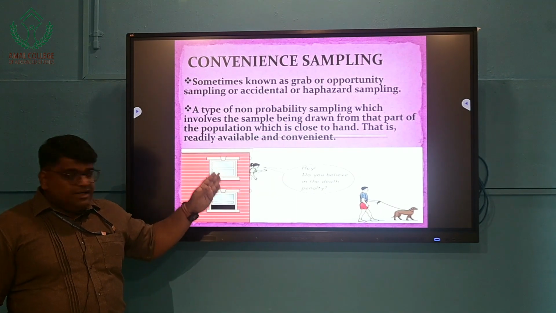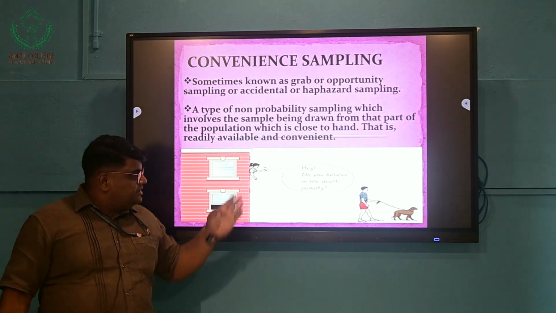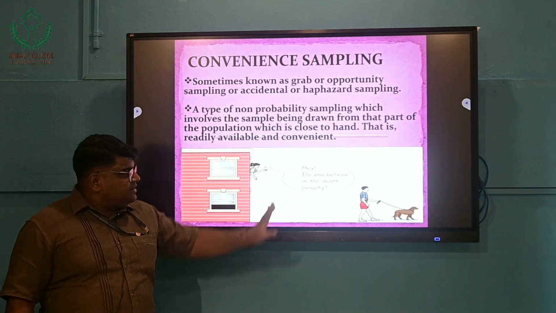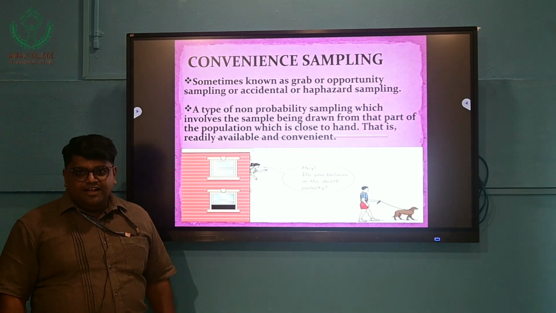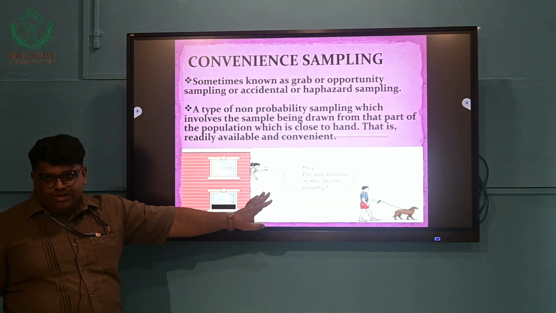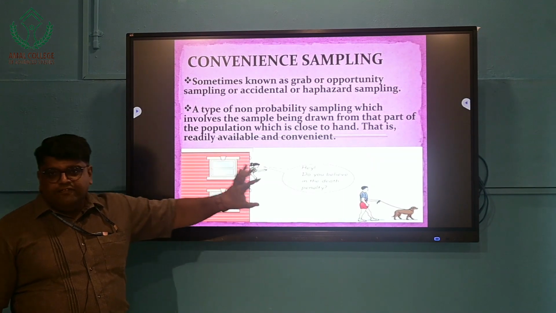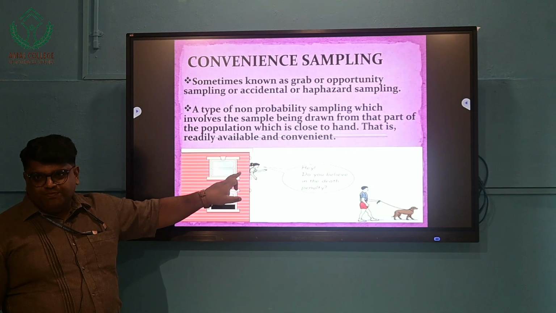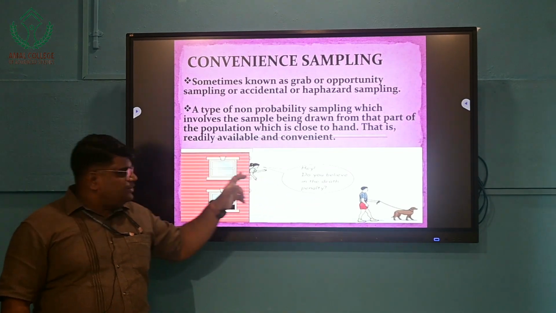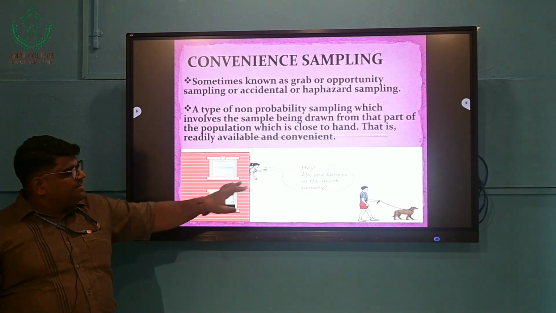Because the girl saw that boy in front of her house, immediately she is asking whether he believes in the death penalty or not. So this is purely convenience to this investigator, because the respondent is very near to the investigator, right?